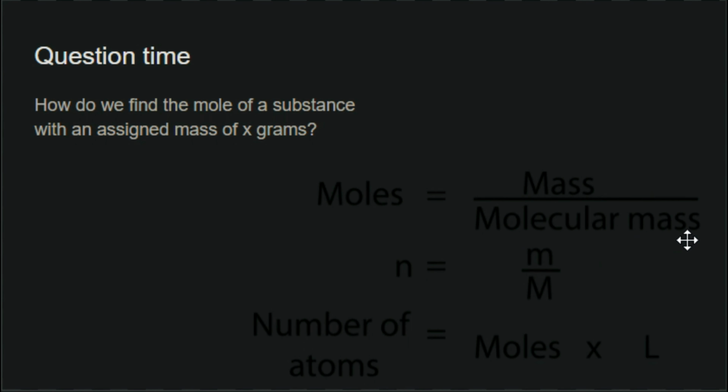To determine the molecular mass, you have to add up the atomic mass of the two H's and the one O, and that gives you the molecular mass. Molecular mass is often given in grams per mole or AMU.